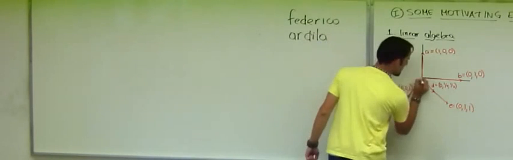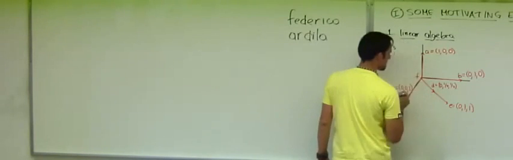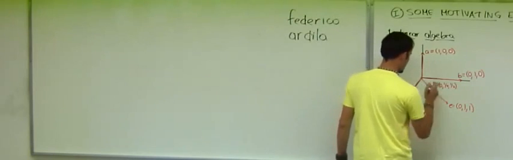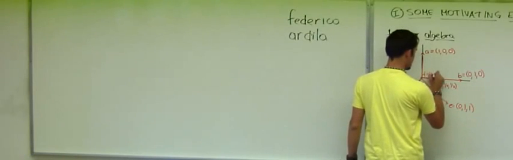And vector F is just the origin, the 0 vector. So there are 6 vectors, A, B, C, D, E, and F.